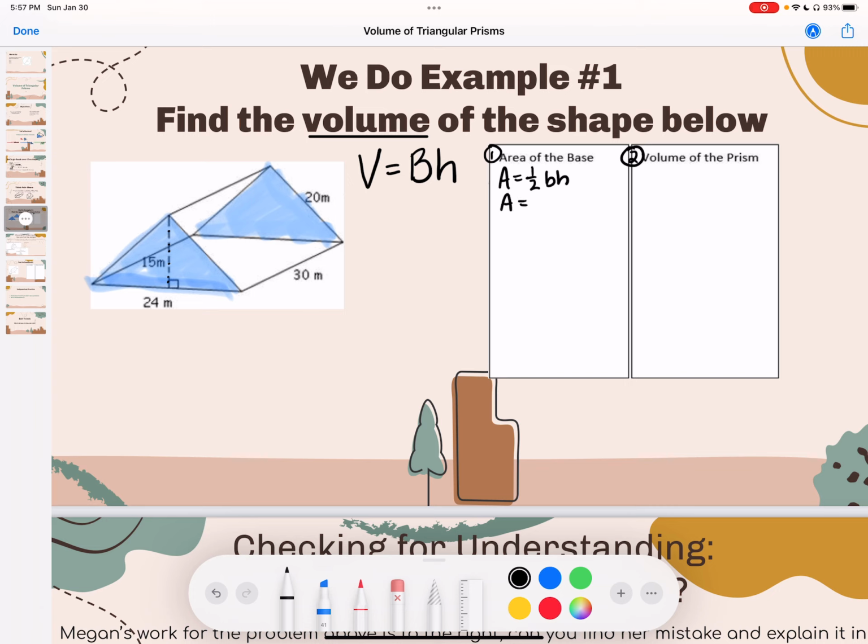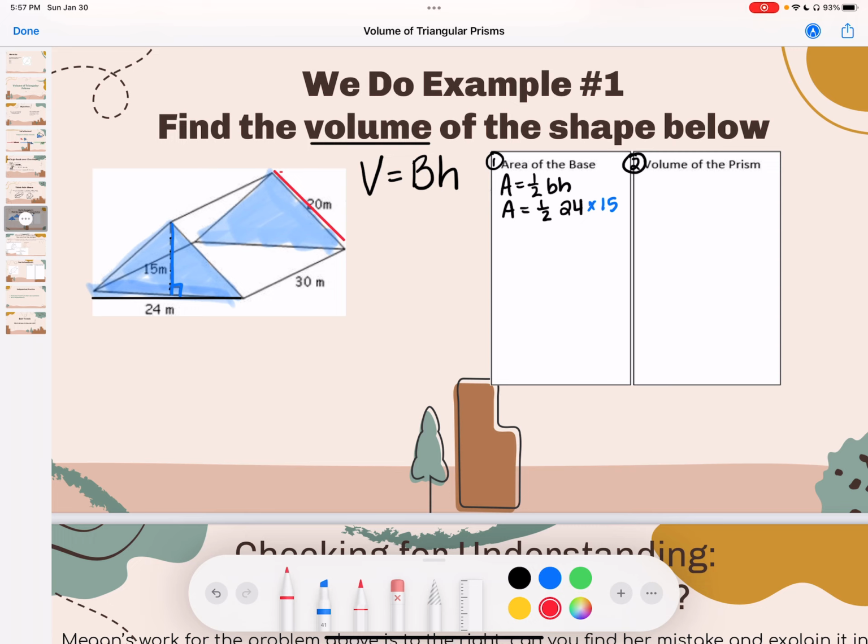So I'm going to multiply that times 15. For the record, I'm not going to use this part because that's not the height of the actual pyramid. We want it to be this right angle. So actually, I'm just going to go ahead and shade all this in because I'm not talking about any of that for the first part of solving.